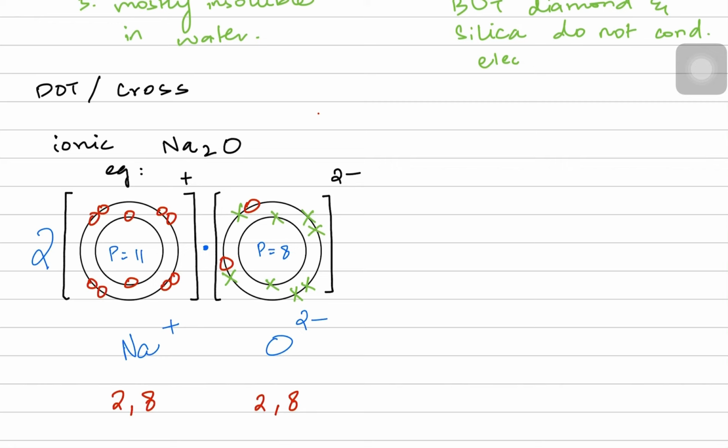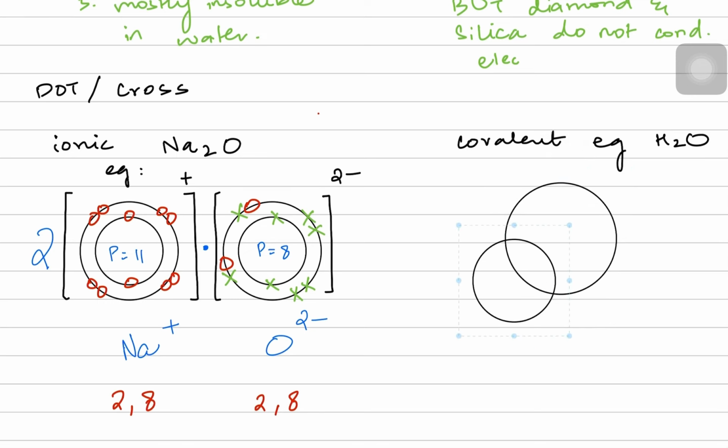But in the covalent dot and cross, for example, we are picking water as an example, the circles overlap. You will make 1 oxygen and 2 hydrogens, with the overlapping there, and you will label them hydrogen, hydrogen, oxygen. Hydrogen makes 1 bond with oxygen, so 1 dot from 1 hydrogen, another dot from another hydrogen.